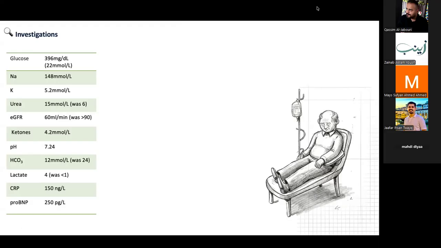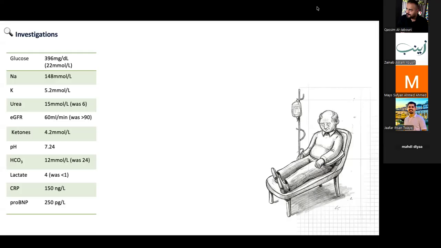So this is acidosis. CRP is very elevated. The pro-BNP is normal. Urea is elevated, maybe acute kidney injury as well. Potassium borderline. Excellent. Is he on insulin during the hospitalization?